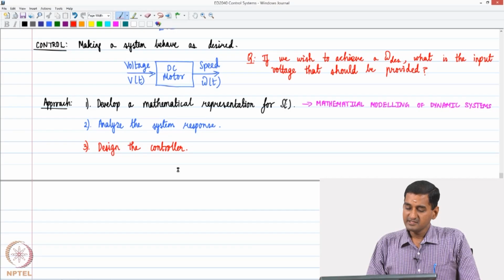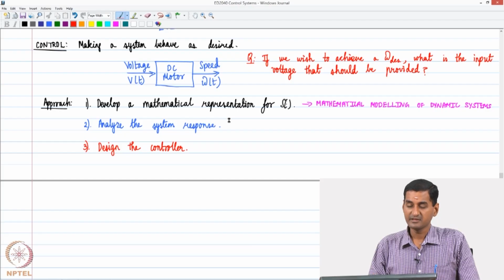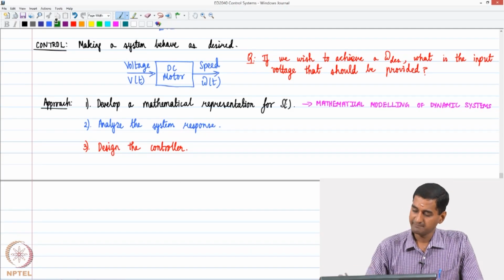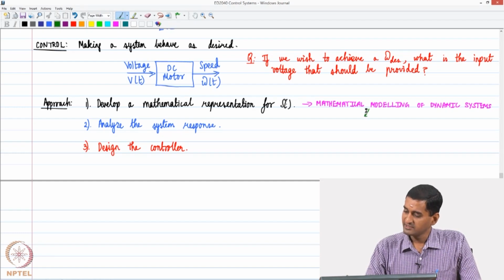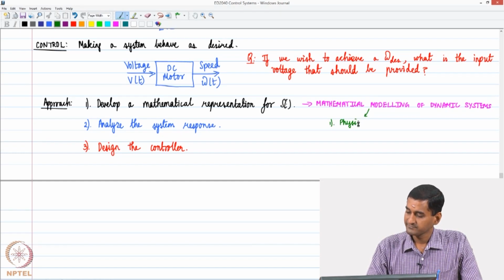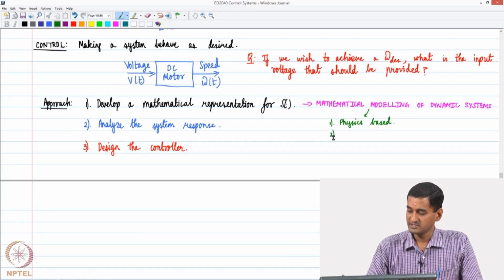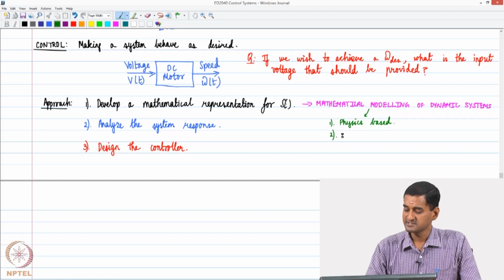So essentially the first step is to get a mathematical representation for this mapping S, which is obtained by and large through this mathematical modeling of dynamic systems. And as I mentioned, we can have physics based modeling, where we use laws of physics to model the system.